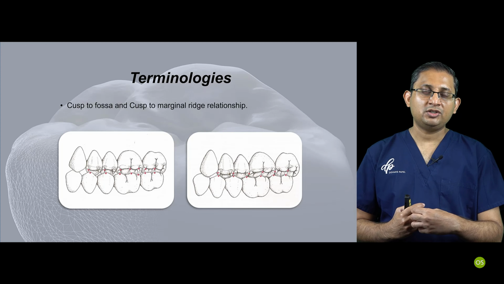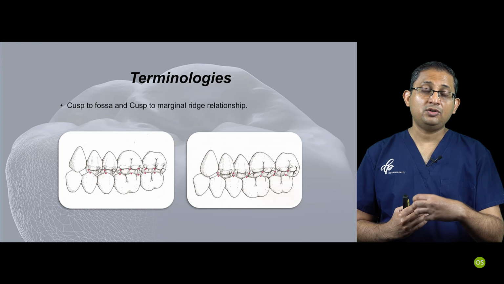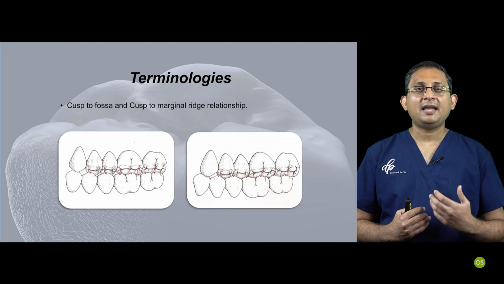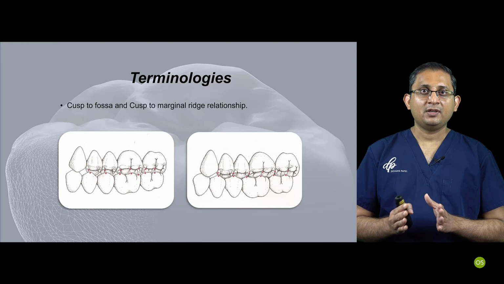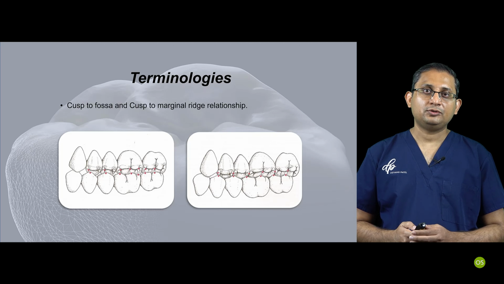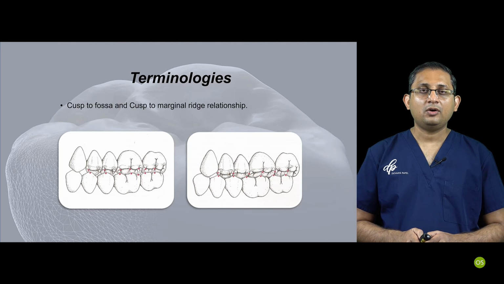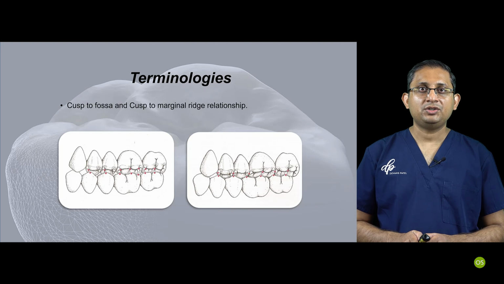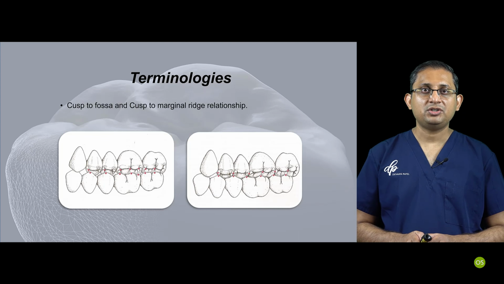However, if it's on the marginal ridge, or worse, between two marginal ridges, then you can get teeth splaying or teeth moving apart, food packing between the teeth, and all sorts of problems. So if you can, try to achieve a cusp to fossa relationship rather than a cusp to marginal ridge relationship.